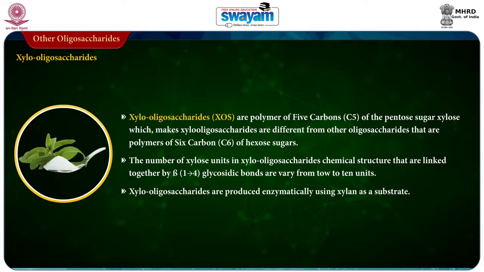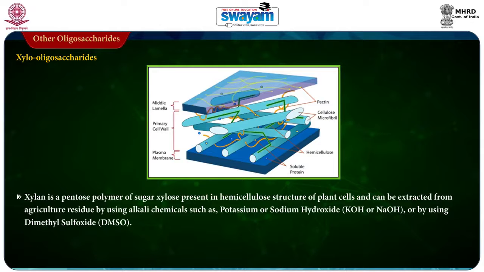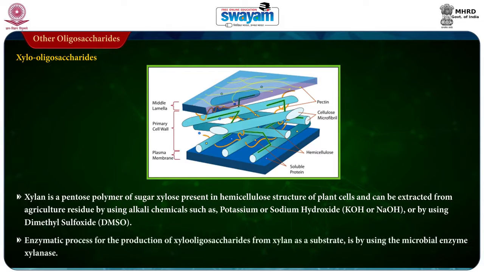Xylo-oligosaccharides are produced enzymatically using xylan as a substrate. Xylan is a pentose polymer of the sugar xylose present in the hemicellulose structure of plant cells and can be extracted from agricultural residue using alkaline chemicals such as potassium or sodium hydroxide, or by using dimethyl sulfoxide. The enzymatic process for production of xylo-oligosaccharides from xylan is by using the microbial enzyme xylanase.